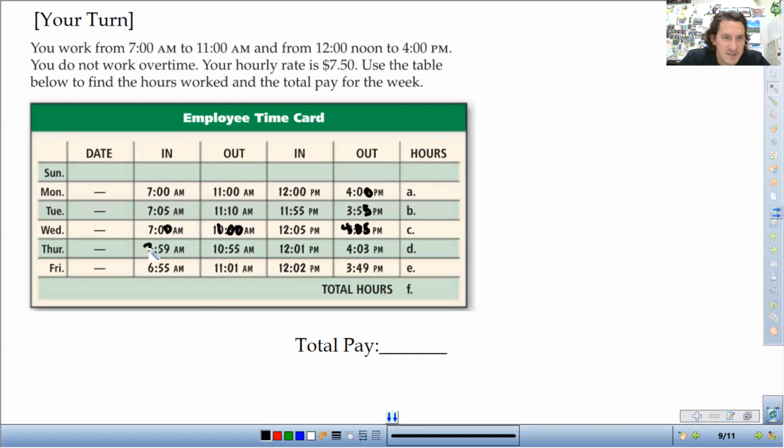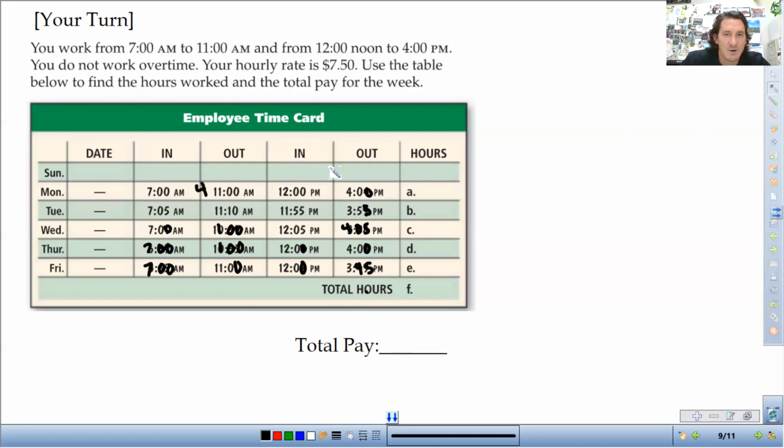We're just going to change this to 7 and this to 11. We're just going to change this to 12 and this to 4. And then we'll change this to 7 and this to 11. And then we'll change this to 12 and this to 4 as well. Actually, no, we're going to go 3:45 here. I think that's going to work out.